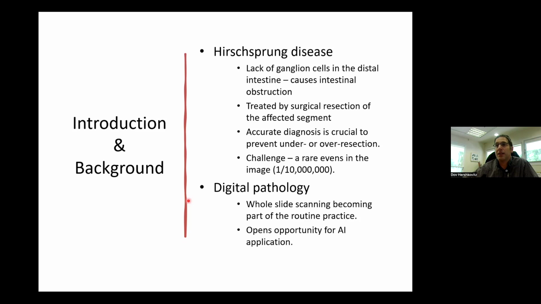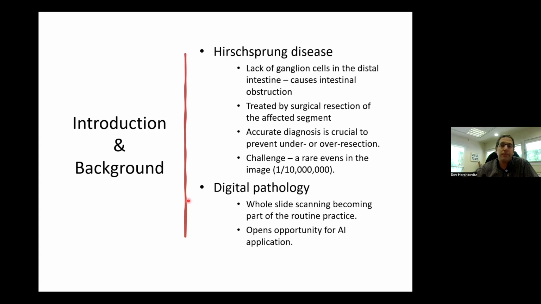There is a lot at stake because we want to make the most accurate diagnosis, and it's also a big challenge computationally. So the combination of all of these elements led us to choose this as our first challenge for applying AI. An important requirement for applying AI to Hirschsprung is that the slides would be digital.